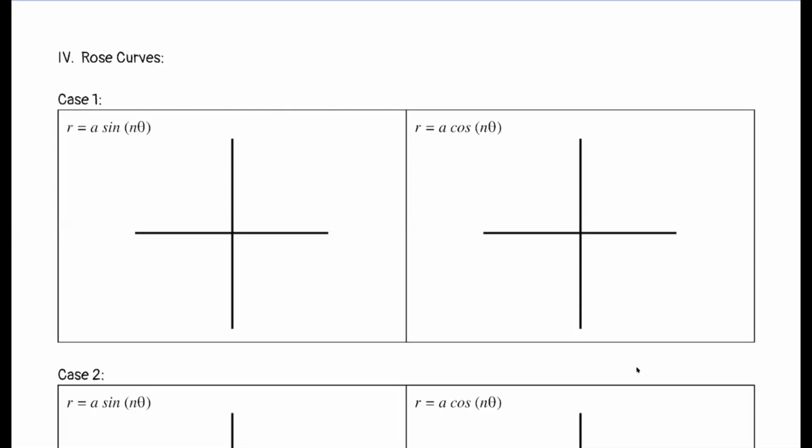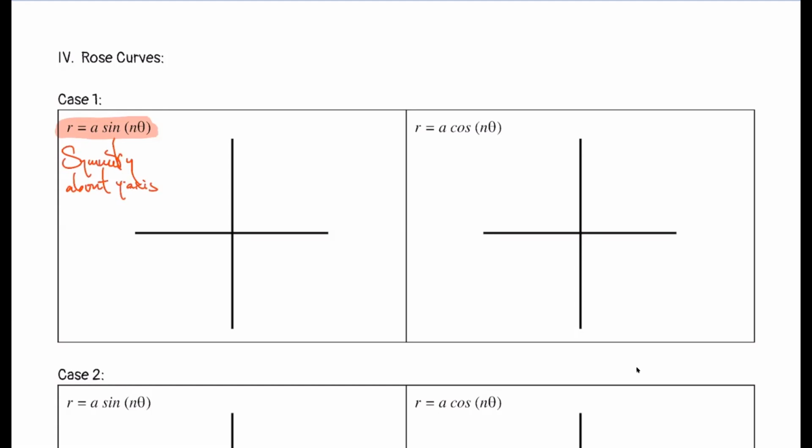So what we were exploring before we got lost in the spiral business is rose curves. Rose curves have that form that we talked about earlier, which is a sine of n theta, and that one we know is going to have symmetry about the y-axis.